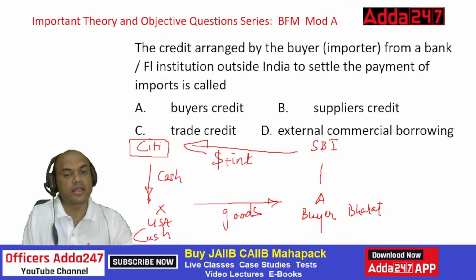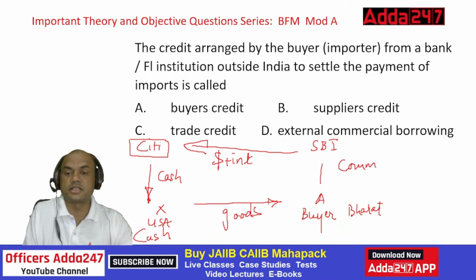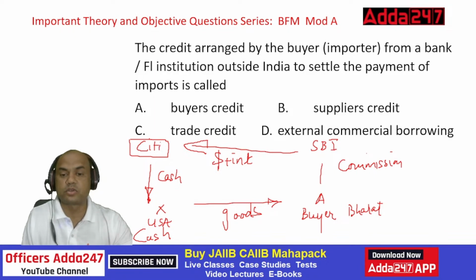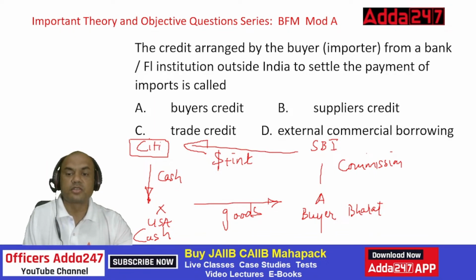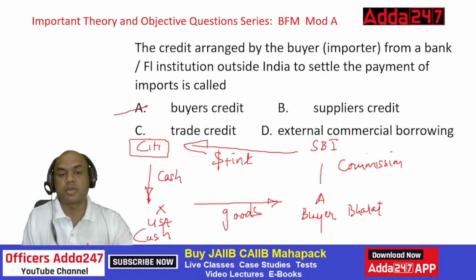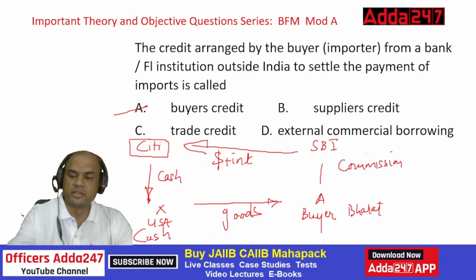So Citibank is happy because it is getting interest. SBI is happy because SBI will get commission, because this is known as buyer's credit. A is happy because even though the commission and interest is gone, A is getting the goods immediately. So wherever the buyer arranges for a foreign bank for payment to the supplier immediately, that is known as buyer's credit.